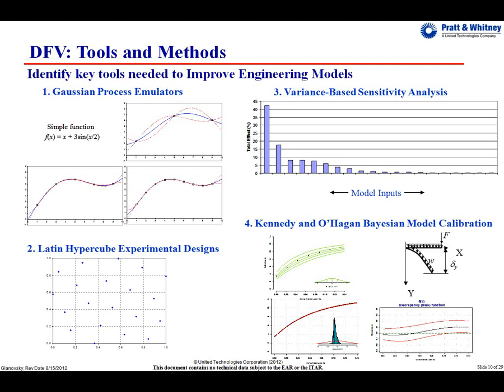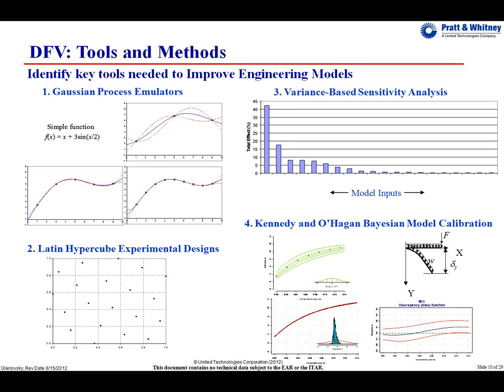The fourth tool we introduced them to was Kennedy and O'Hagan Bayesian model calibration, which, of course, Tony O'Hagan and Mark Kennedy talk about in detail in many of their papers. It's the Bayesian method for how to take those field data points or those rig test points or those lab data points that we can get them to collect, even though we only usually have just a few, we can't collect many, and compare them to the existing model.